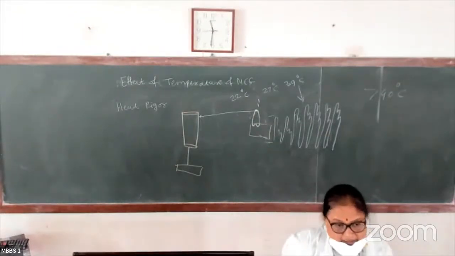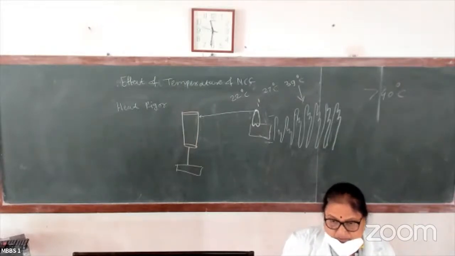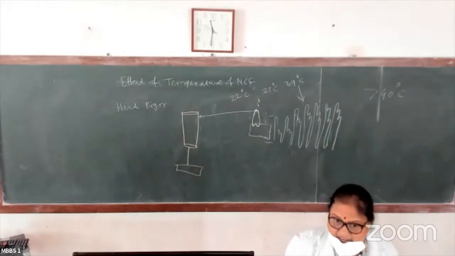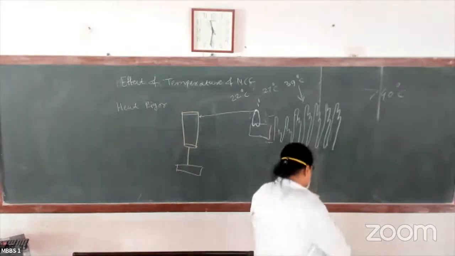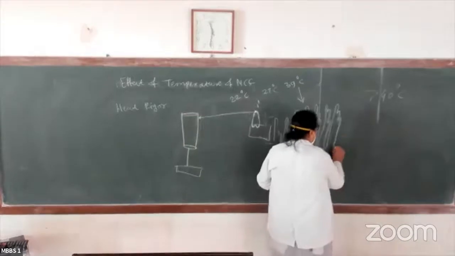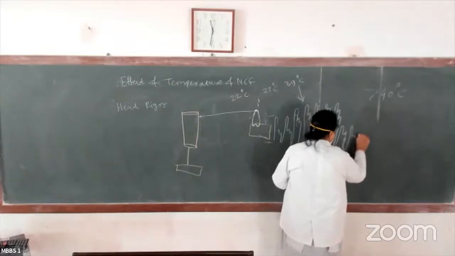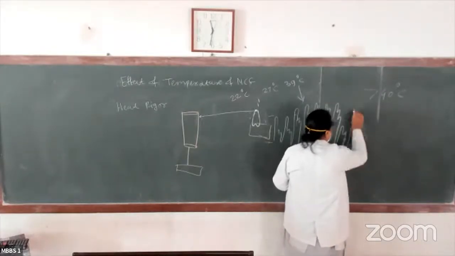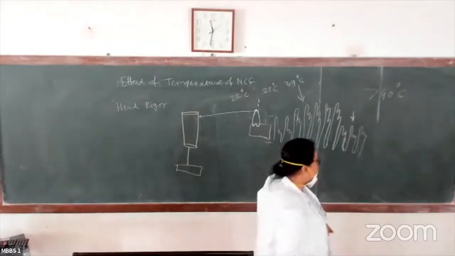For the cold ringer solution, again wash off the warm ringer solution, pour some normal saline that is at 27 degrees centigrade, and record some normal beats. So this is again the recording of the normal cardiogram by pouring the normal ringer solution at 27 degrees.